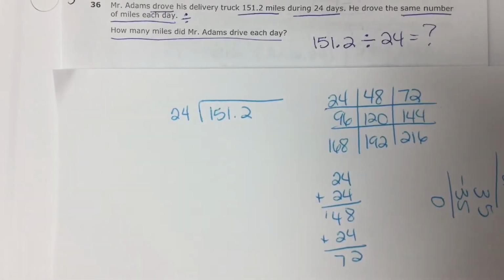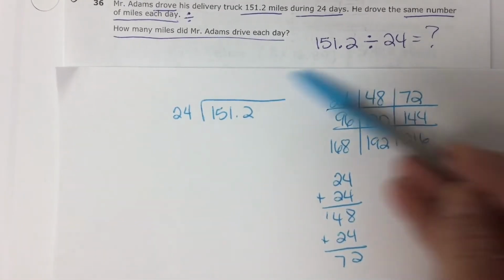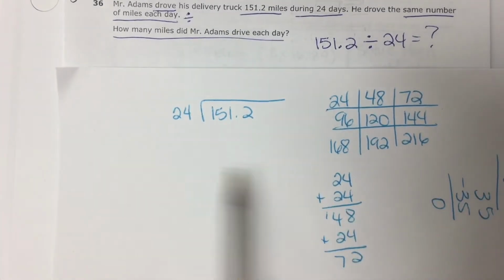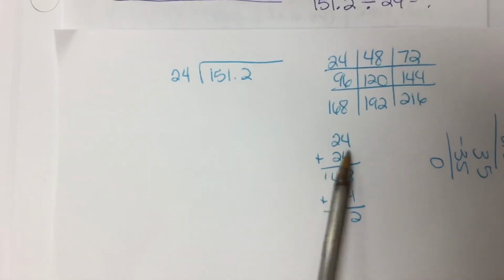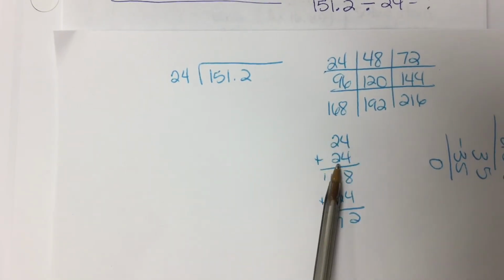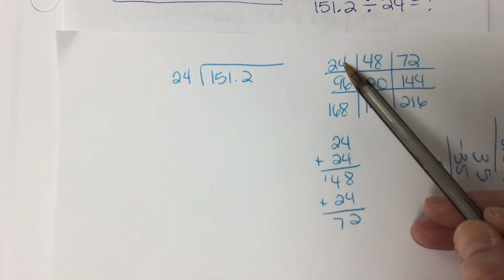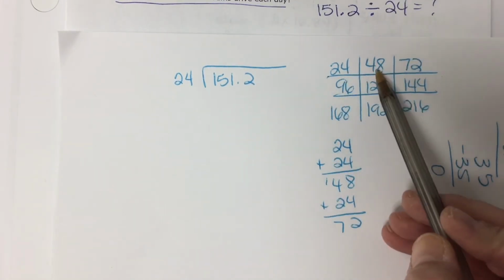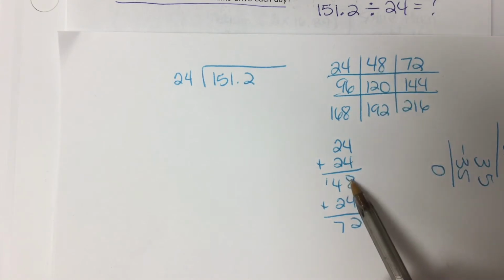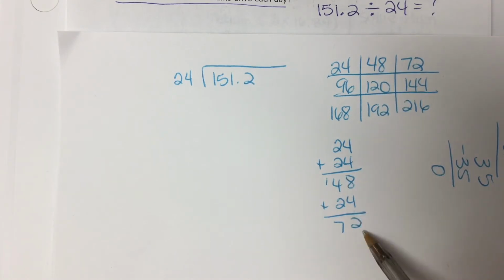Okay, so to do the division problem, we're dividing by 24, so you can do a tic-tac-toe board. Okay, and I just showed an example of it. So what you would do is you take 24 and add 24. So 24 times 1 is 24. 24 plus 24 is 48, so 24 times 2 would be 48. And then you take the 48 and add 24 and you get 72.